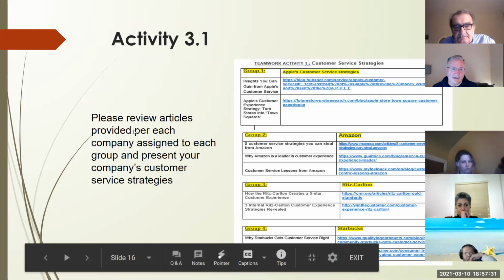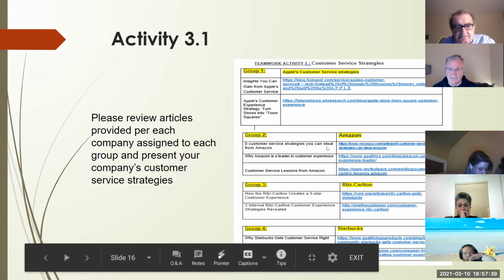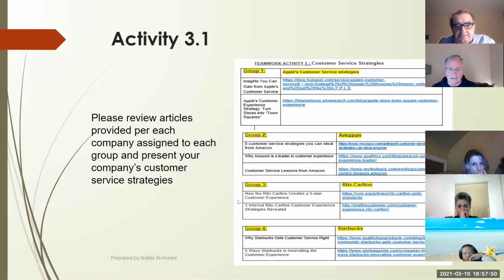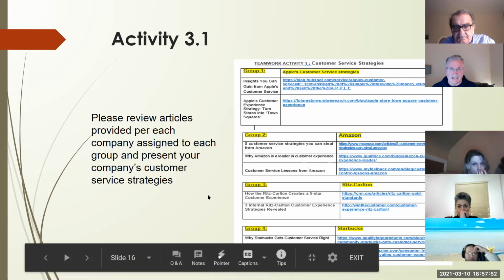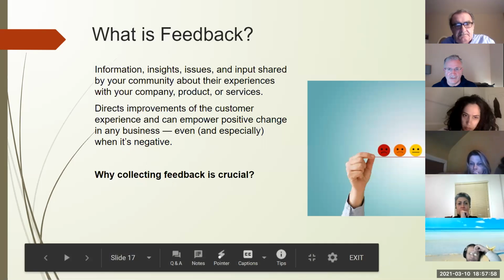Here, please review the articles provided for each company assigned to each group and present your company's customer service strategies. Group 1, group 2, group 3, group 4 will each have a different article or link. We'll get to that in a little while. I really want to finish off the lesson, and then put you in your groups and get into that information. All right.